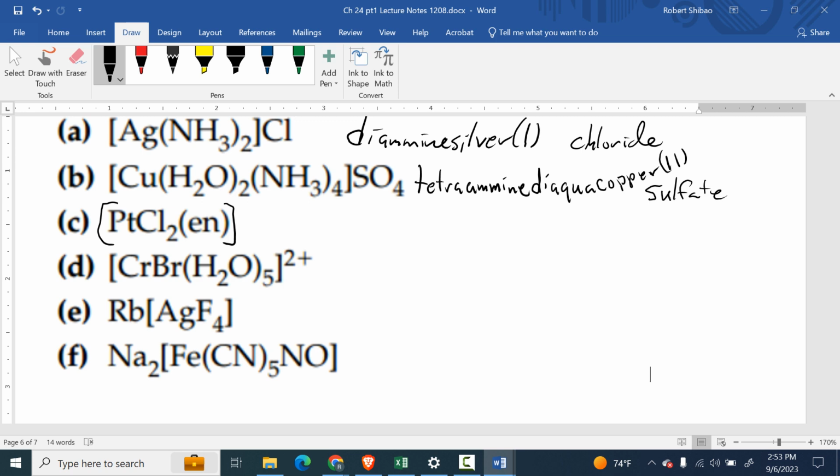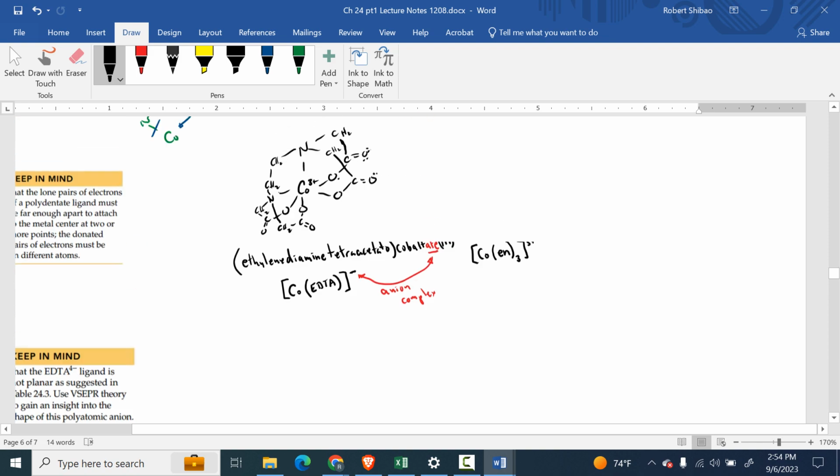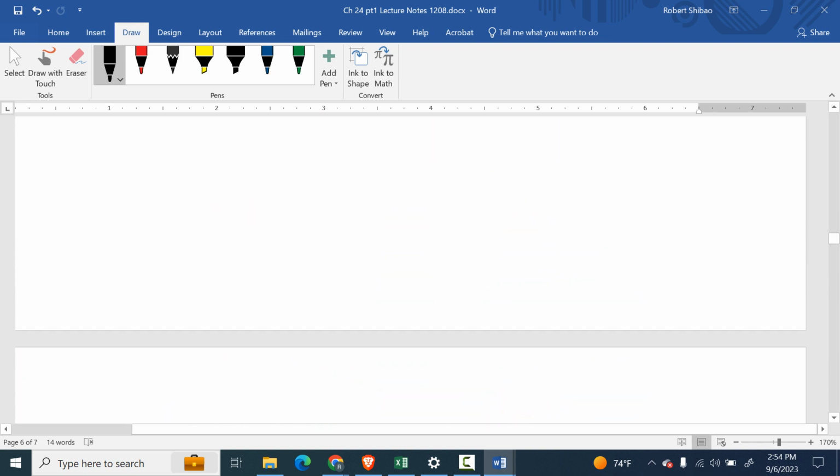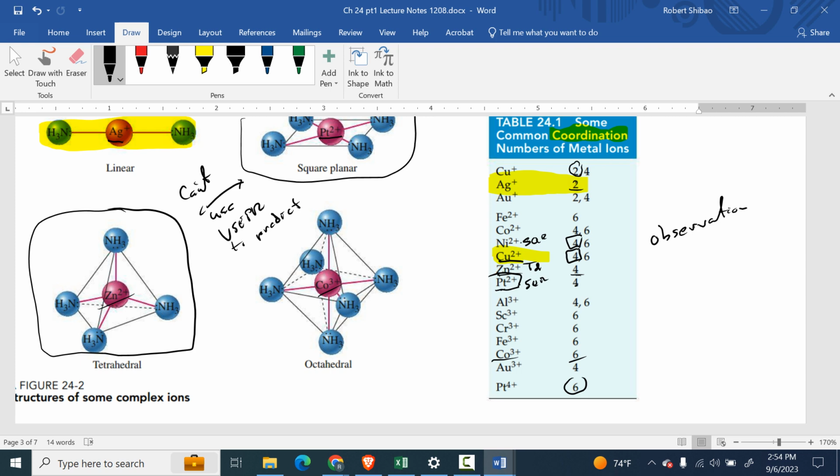How come? A chloro is monodentate, but ethylene diamine is bidentate. And so it's going to actually bond in 4 places. So that's platinum 2. Platinum 2 typically has a coordination number of 4. Now, if it has a coordination number 4, it could either be square planar or tetrahedral.